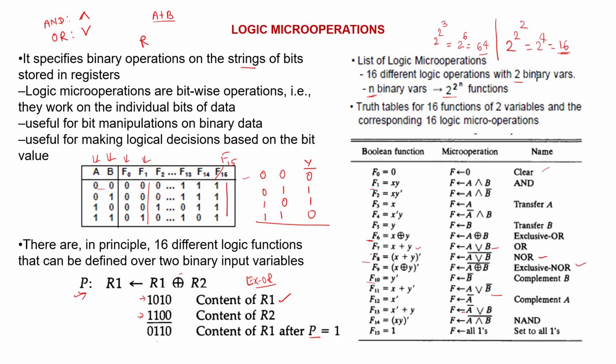F14 is the NAND gate, not the AND gate, NAND gate. So the NAND gate output is opposite to the AND gate. So you can compare F1 and F14. In general, if any input is low, better you can use that word. In case of a NAND gate, if any input is low, output will be high.